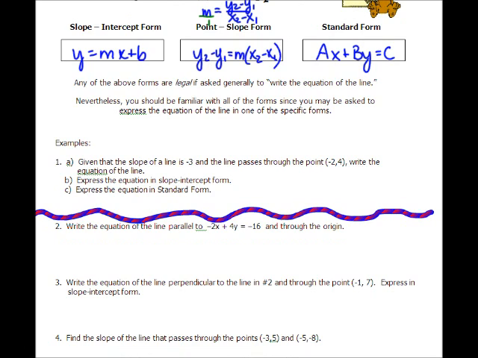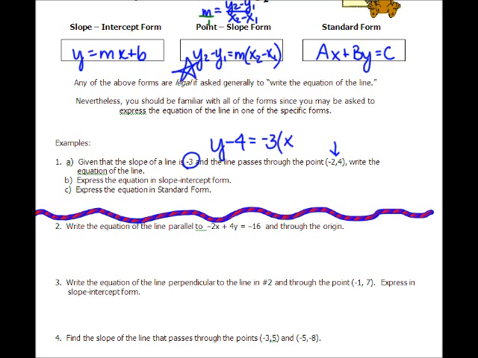It asks you to write the equation given that the slope of a line is -3 and it passes through a point. So let's try using point slope to plug it in. Well, I'm going to plug in just general coordinate xy for my y2, and then I'm going to use this coordinate for my y1 and x1. So I would get y minus 4 equals slope, which is -3, times the quantity x2.